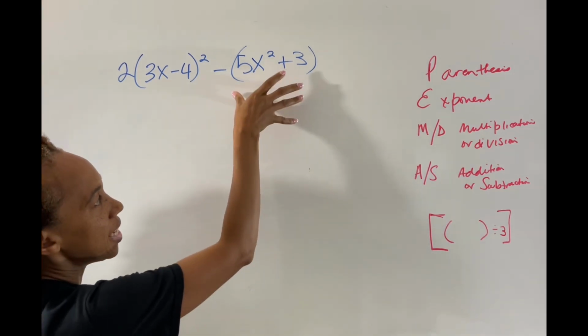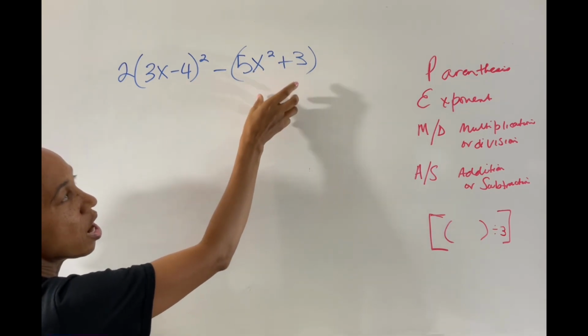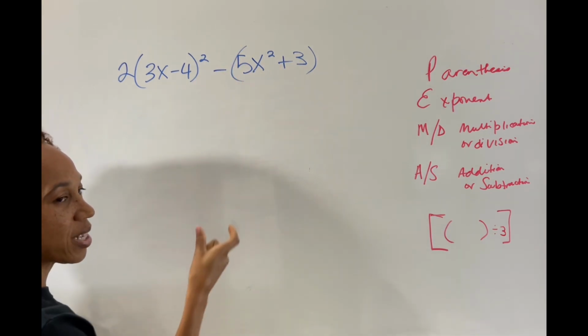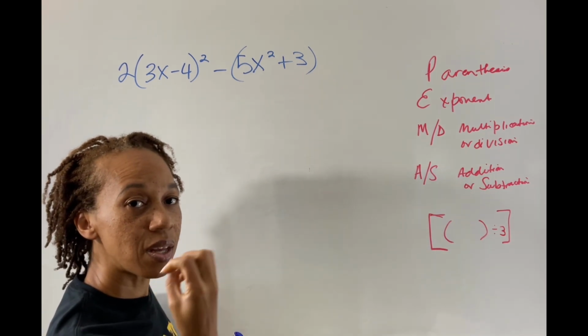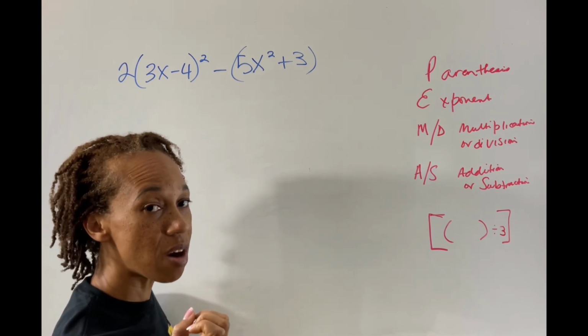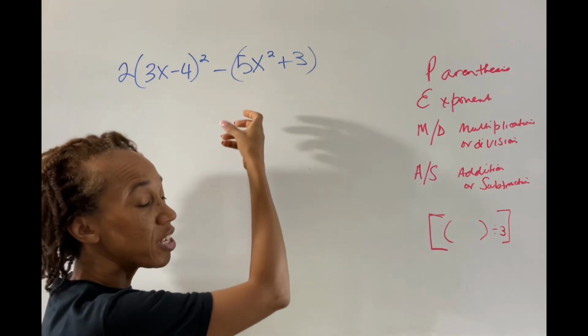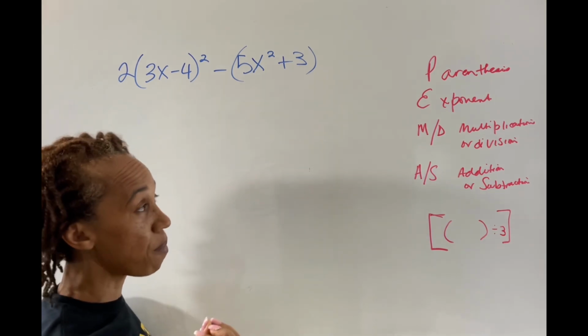If you notice in this case, even though you have parentheses here, the term inside the parentheses is a binomial. It cannot be simplified into one term, because the first term has variables and the last term does not have a variable.